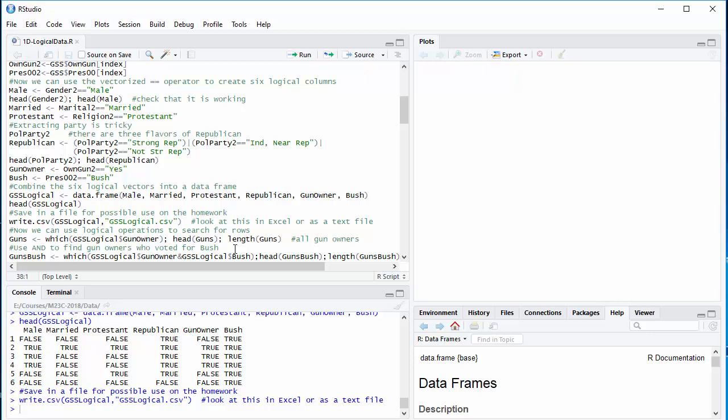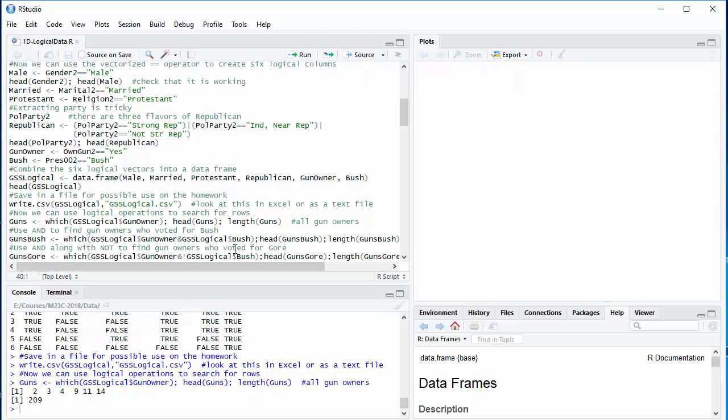Now let's start looking for individuals that meet certain criteria. Let's figure out which of our 555 people own guns, for example. So what I do is say which, and then provide the logical vector gun owner in this data frame, and what I will get back is a shorter vector which will contain the indices for all the rows, all the individuals who own guns.